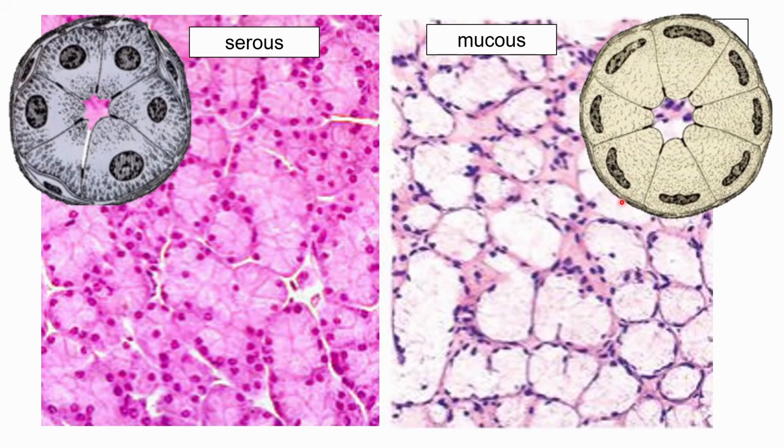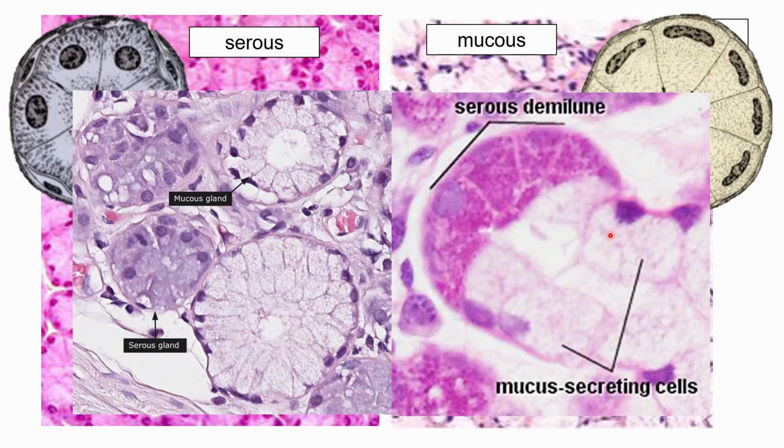Okay? Again, based on the shape of the nucleus and the placement of the nucleus, if it's more central or it's just flattened to the sides. Okay? So you would have your serous, your mucus, and the in between called your mixed glands.